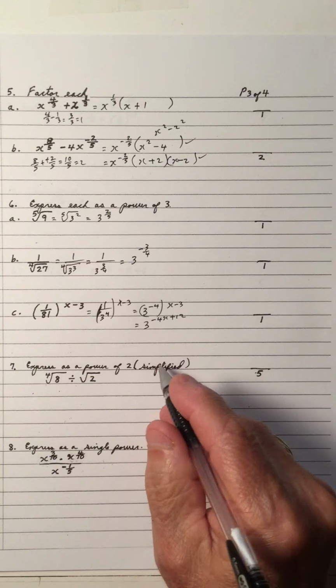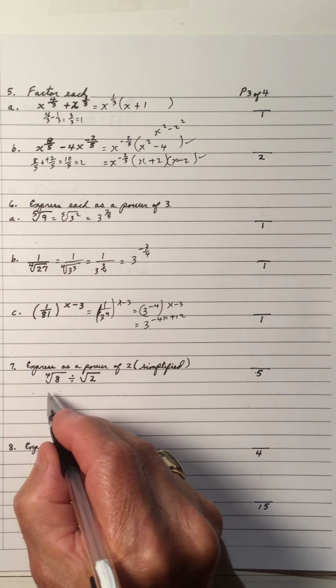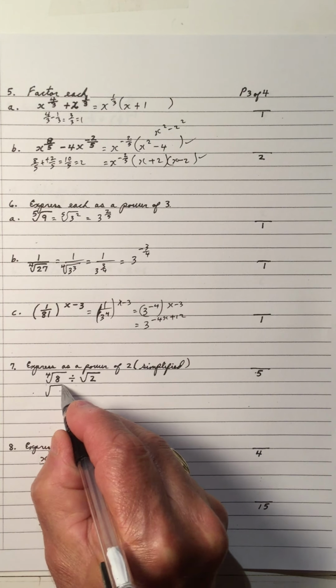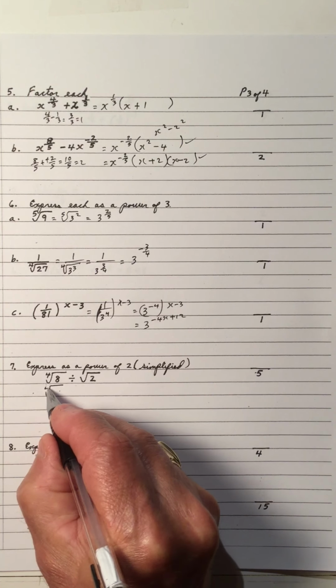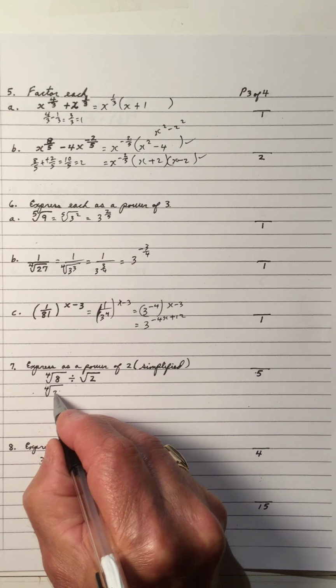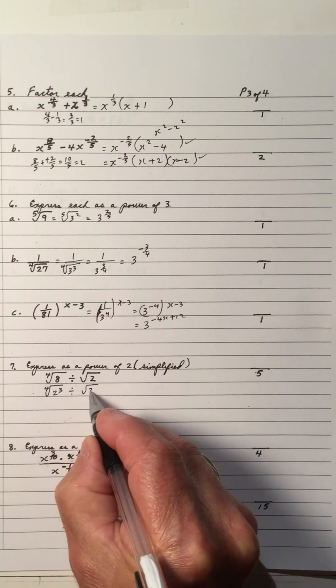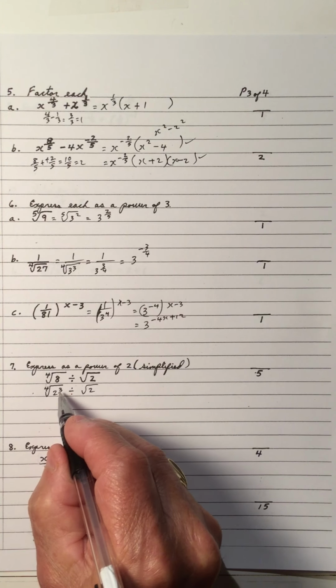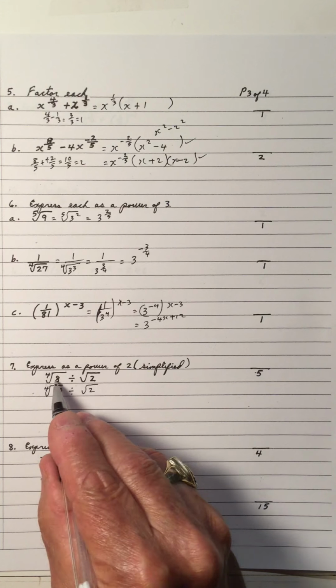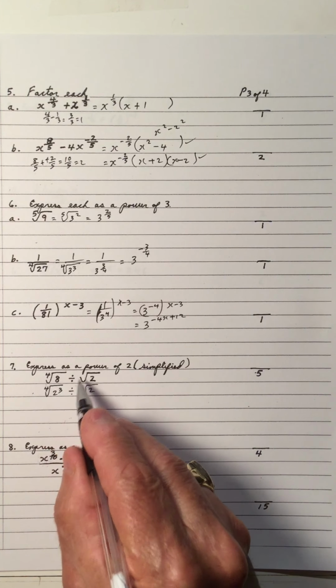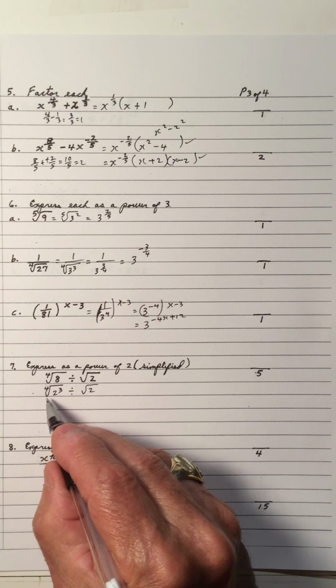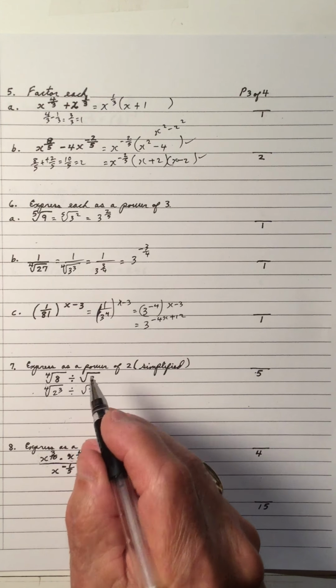Number 7. Express as a power of 2, simplified. Well, as a power of 2, that means 2 is the base, so 8 is 2 cubed. And the square root of 2. Notice we can't divide these because that's a 4th root and that's a square root. So if we change it to an exponential, then we can see what happens.